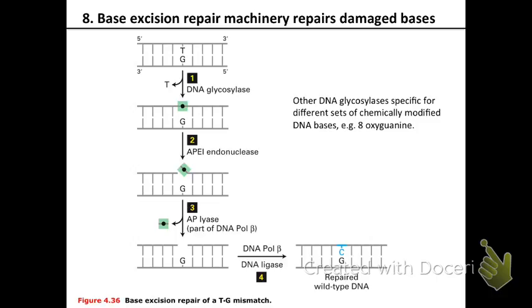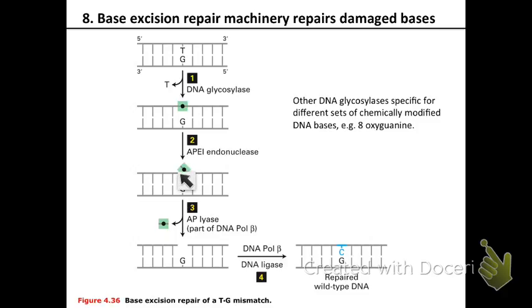So it's going to change the T into a C. The first step in this process is that the DNA glycosylase removes the base, leaving an abasic site. This abasic site then recruits the APE1 endonuclease, which cuts the DNA sugar phosphate backbone.